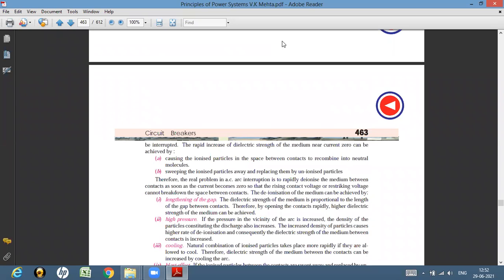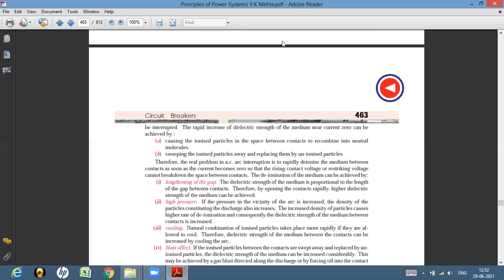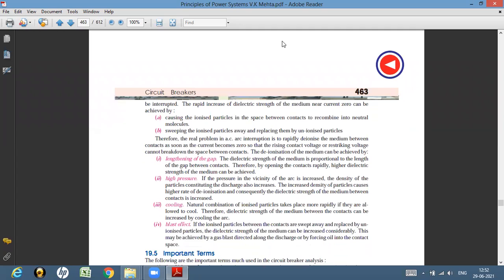Again, as in the high resistance method, the low resistance method or zero current method is also performed by lengthening of the gap, high pressure, cooling, and blast effect. By adopting these four techniques, you can quench the arc within the minimum possible shortest time, and when the arc is quenched, the circuit breaker will operate normally.